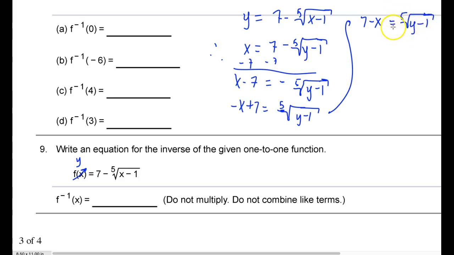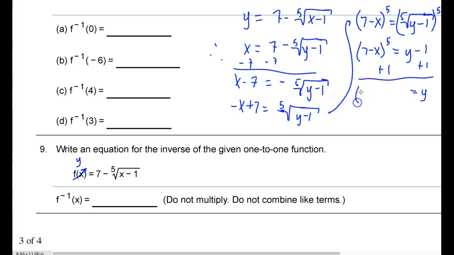And then from here, we will take the 5th root, sorry, not the 5th root, but we'll raise both sides to the 5th power. And what that effectively does is get rid of our 5th root sign here. We'll just have y minus 1. And this will be 7 minus x raised to the 5. And then we'll conclude by adding 1 to both sides here.